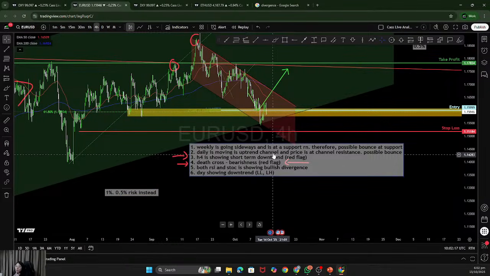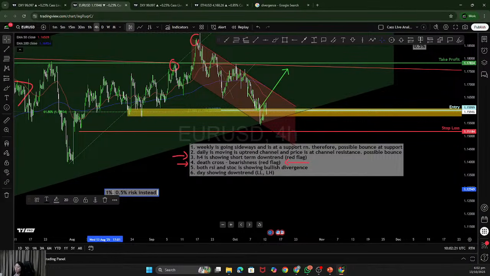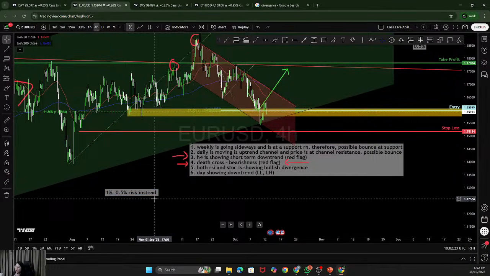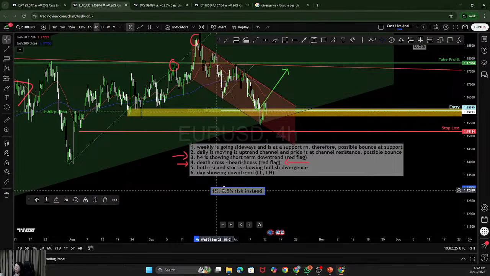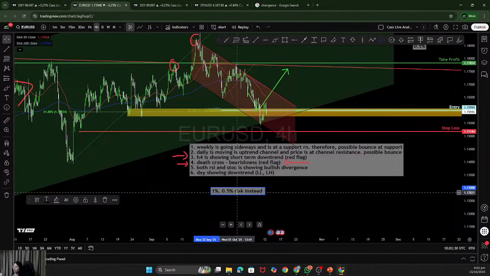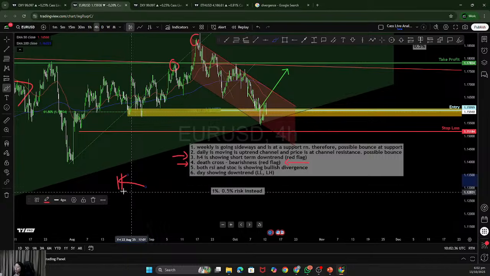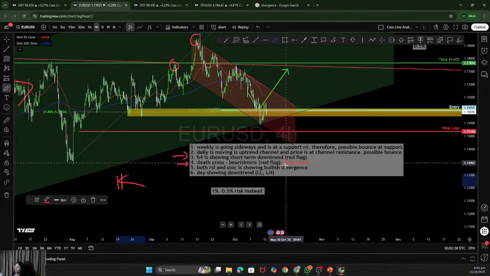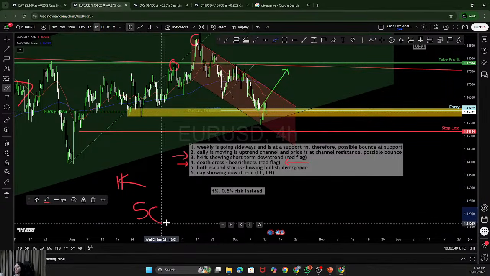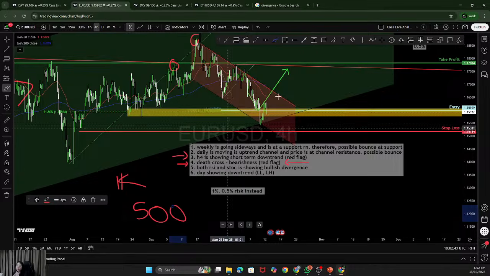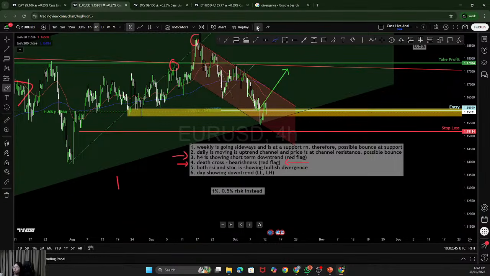If everything was showing me that it's a buy, I would definitely use my full 1%. But in this case, because there's two red flags, I'm gonna decrease my risk by half by going 0.5%. So if you initially planned to risk $1,000 for this trade, now because of the two red flags, I'm gonna risk only 500 because there are signs that I could be wrong.